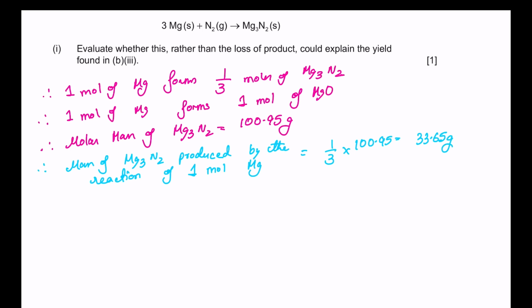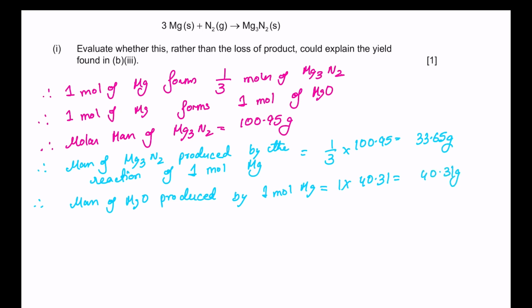So if 1 mole of Mg reacts with nitrogen to form Mg3N2, 33.65 grams of Mg3N2 would be produced. But similarly, if I look for the mass of MgO produced by 1 mole Mg, 1 mole Mg will produce 1 mole of MgO. So 1 times the molar mass of MgO. The molar mass of MgO is 40.31, as we calculated previously, so 40.31 grams.